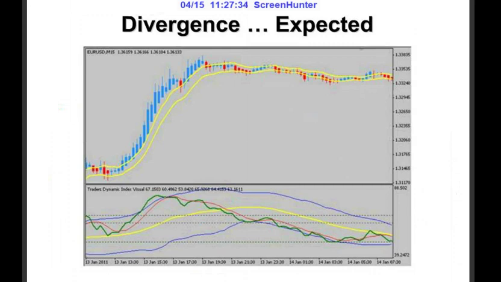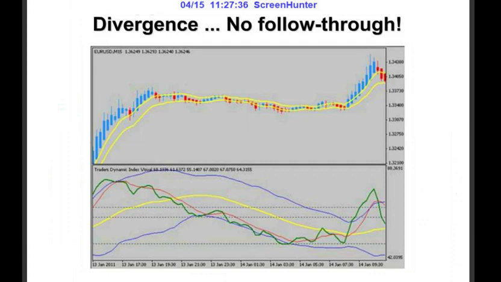Now, something I mentioned a moment ago is when the market squeezes down, something I want you to notice. See how all the lines here are all above the 50? This is the 68, 63, the 50, the 37, the 32. See how they're all up here above the 50?